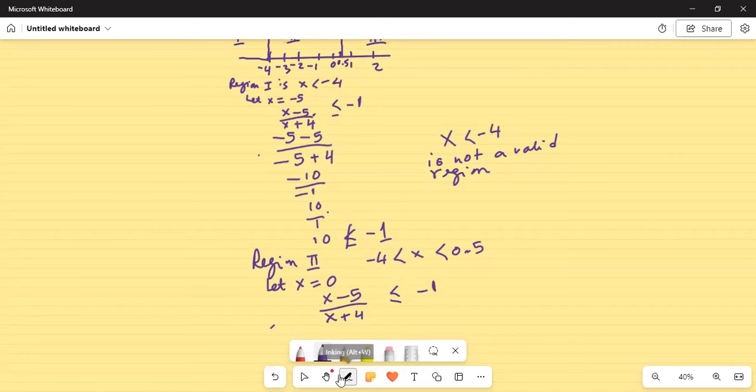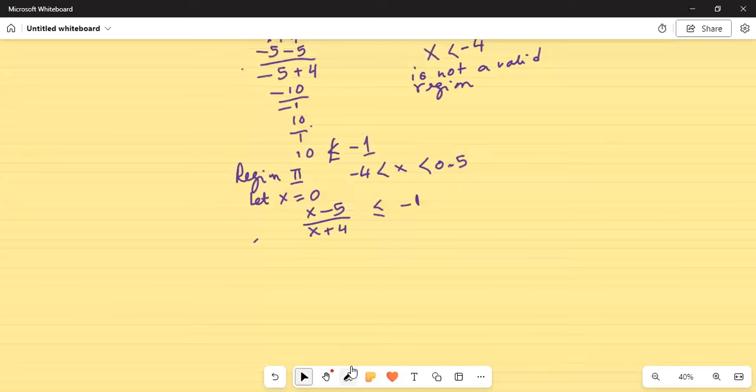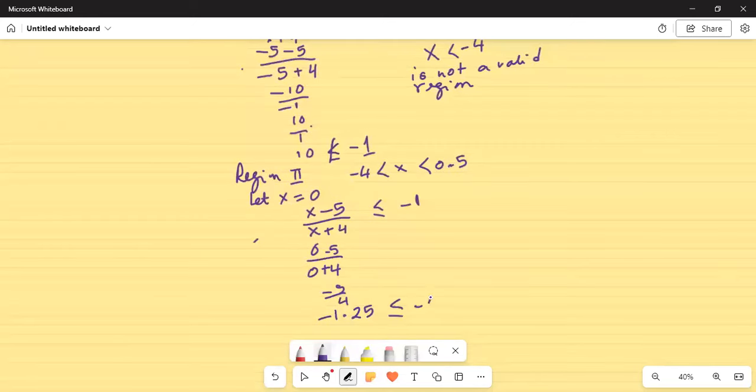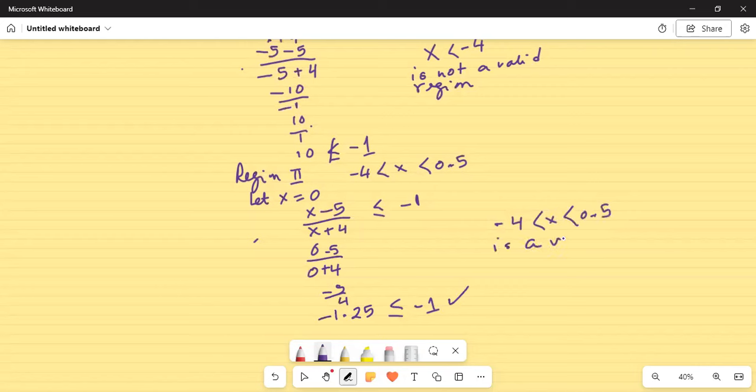When x is 0, it becomes 0 minus 5 divided by 0 plus 4, or minus 5 over 4, or minus 1.25, which is definitely less than minus 1. Checks out. So minus 4 less than x less than 0.5 is a valid region.